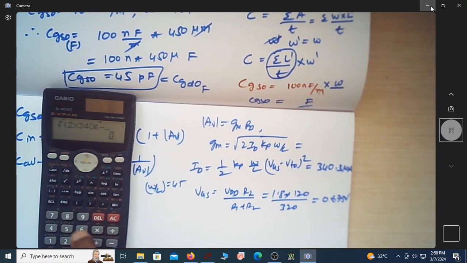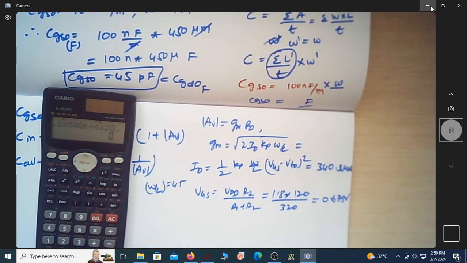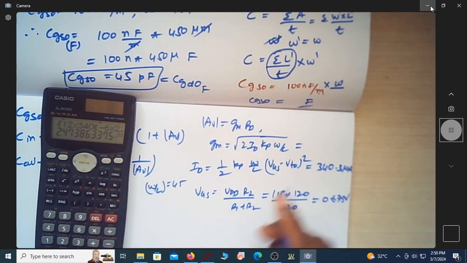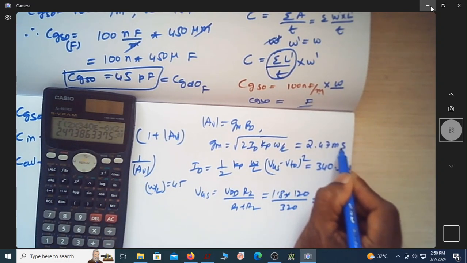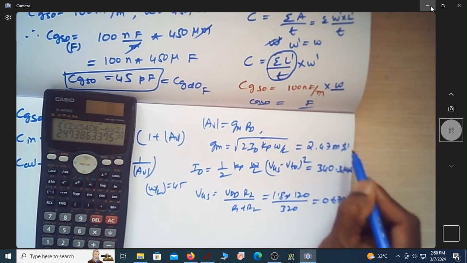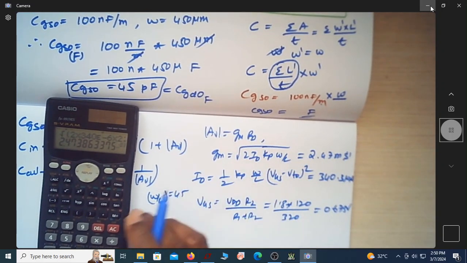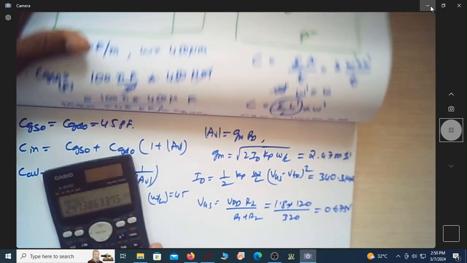If you substitute here, GM is under root of 2 into 340 exponential minus 6 into 200 exponential minus 6 into 45. So it is now 2.47 millisiemens. This into how much is RD?